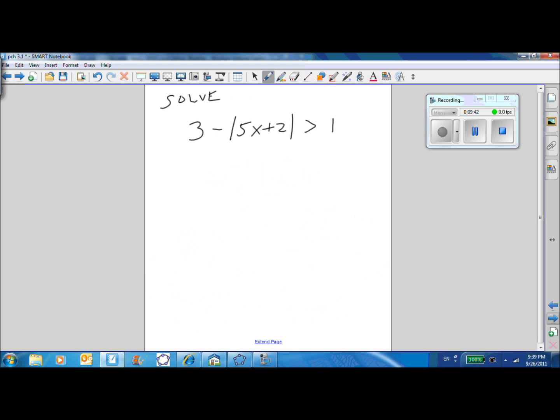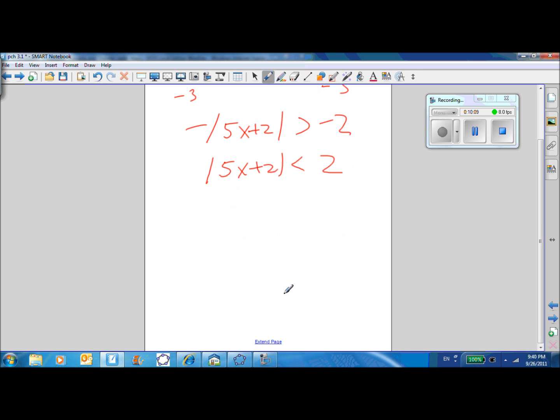Now here, solving 3 minus the absolute value of 5x plus 2 is greater than 1. Before you say, oh, that's an absolute value greater than, I know you're going to have the two cases, the two divergent rays, but look at it for a second here. We subtract 3 from both sides, and you get the opposite of the absolute value of 5x plus 2 is greater than negative 2. When you divide by negative, it becomes the absolute value of 5x plus 2 is less than positive 2. So it's an absolute value less than problem.